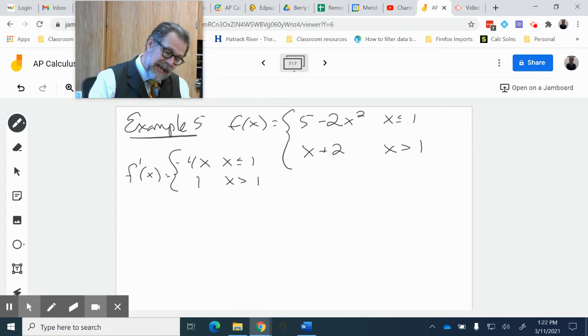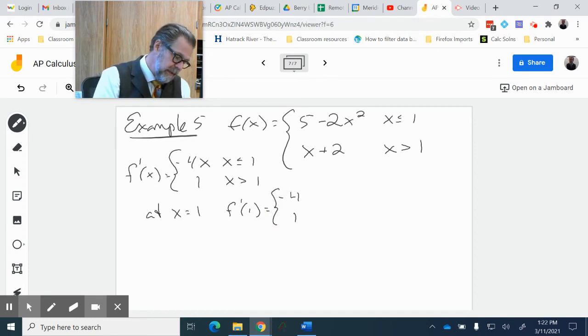And at x equals 1, f prime of 1 is negative 4 or 1. And notice that, you know what, I'm going to change that to f prime of x.